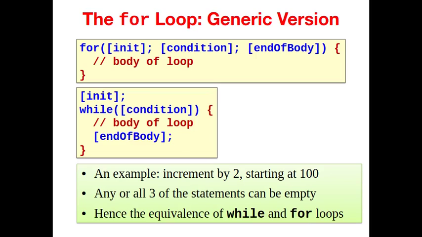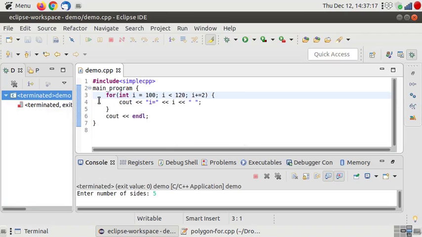Let's look at an example other than the default for loop. Here I have a for loop where I is initialized to 100 and we check whether I is lesser than 120 in the loop condition check, and at the end of each loop iteration we are going to increment I by a value of 2.